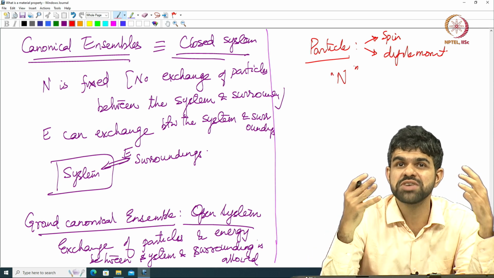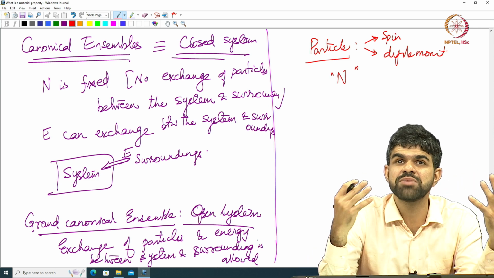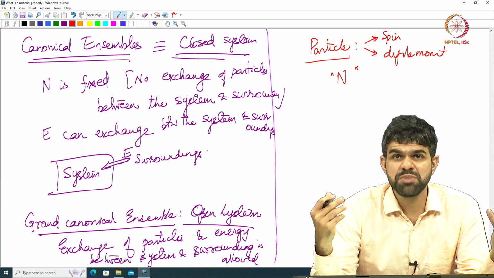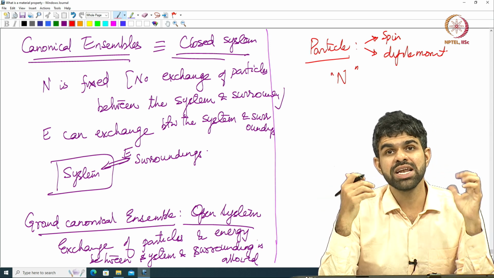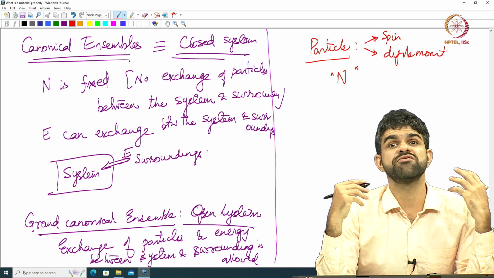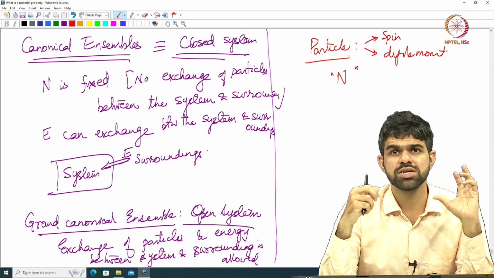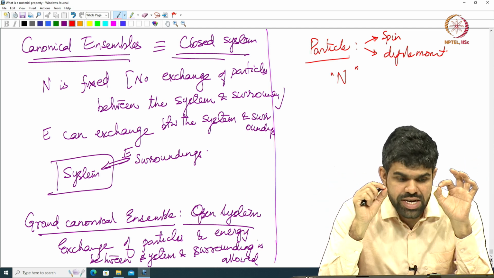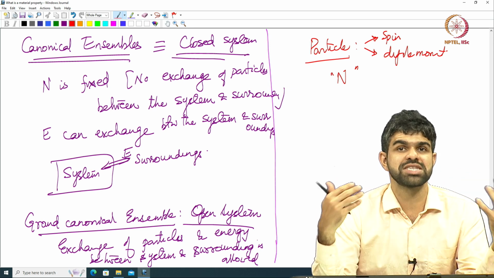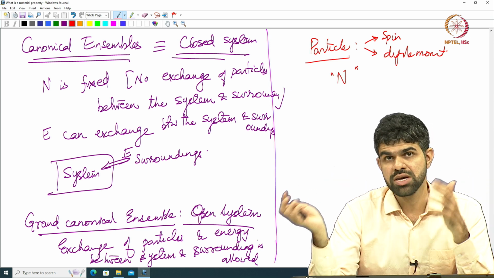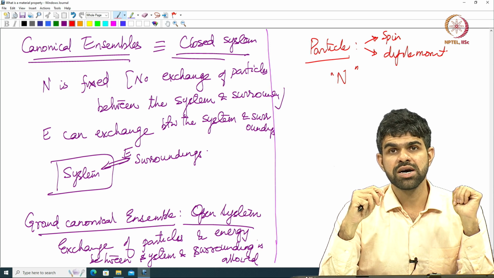What is it that I am fixing? I am fixing the number of particles means I am fixing the number of spins when I am talking about magnetic properties. When I am talking about dielectric properties, I can fix the number of dipole moments, right. So, the idea is there are all these microscopic units with certain dipole moment, and I am going to fix them, right.